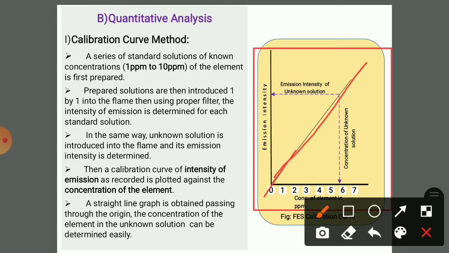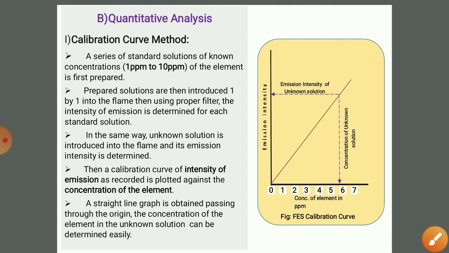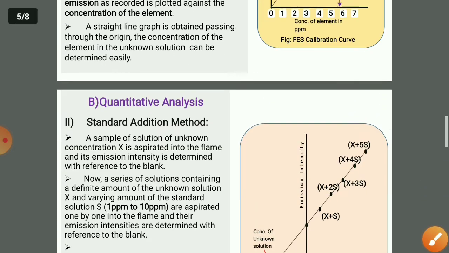From this line or from this curve, the unknown solution and its concentration can be determined by using the graph. So this is a calibration curve method. It is one of the applications of flame emission spectroscopy.